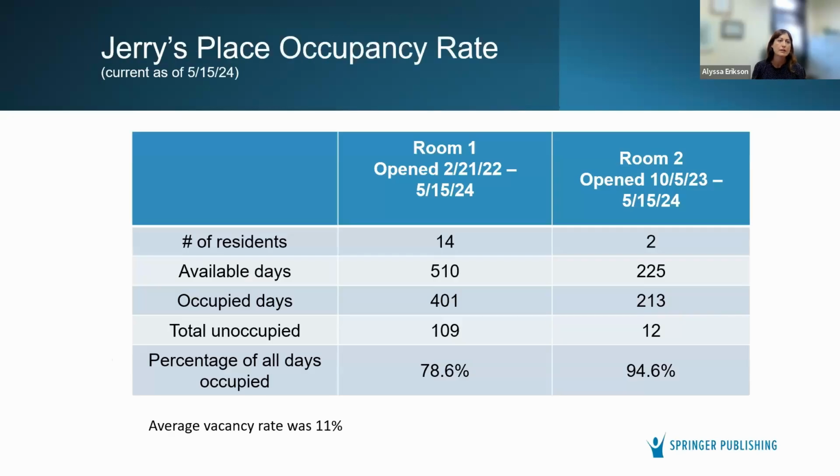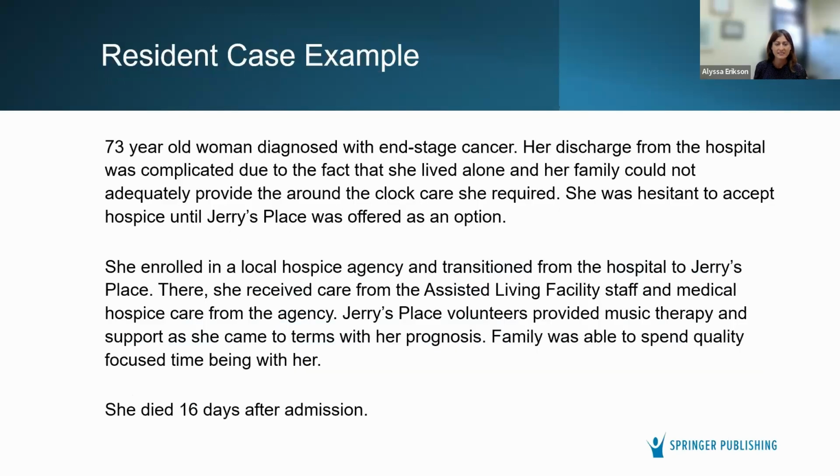Just looking at one of those, our occupancy rate, we've actually surpassed our aim of 73%. You can see the rate for one room and both rooms, but the average across both of them, the vacancy rate was 11%. So what we found really is this is a needed service for the community.